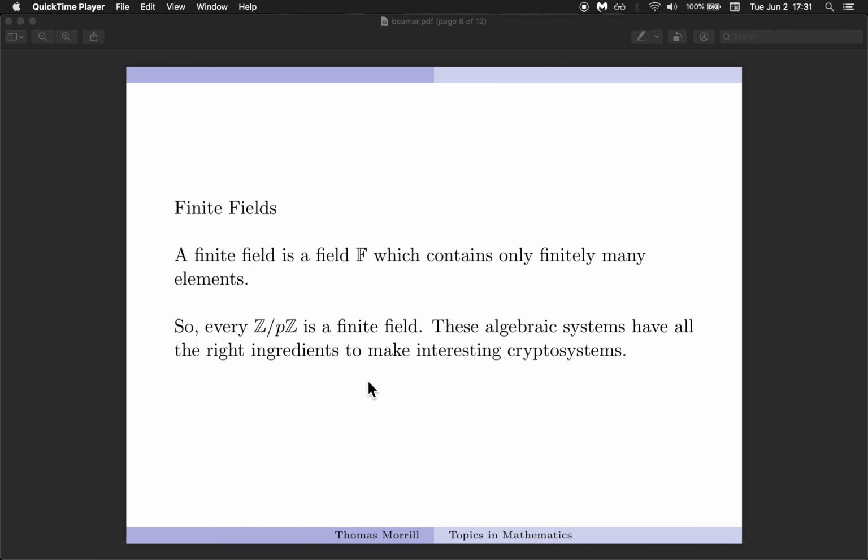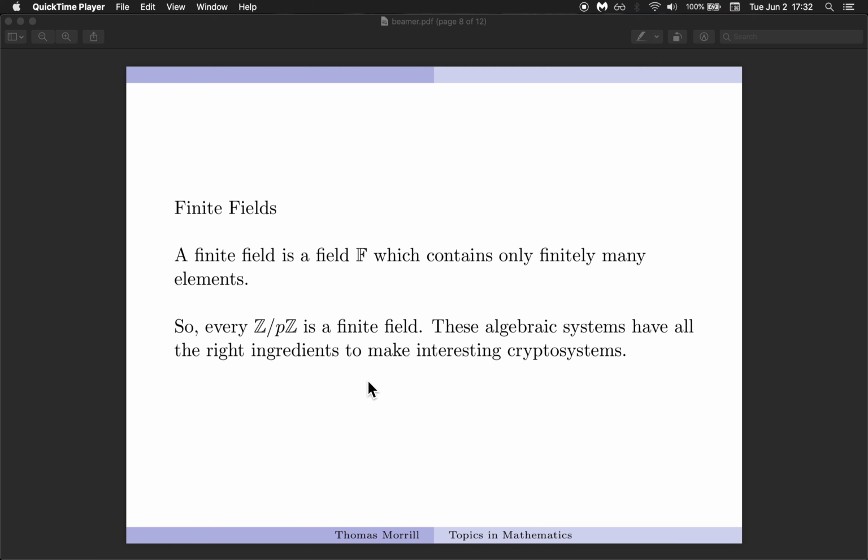So Z mod 2Z, Z mod 3Z, Z mod 5Z, and so on, those are all fields, including some of the more esoteric primes that I've been throwing around. They're all finite fields. They all behave in slightly different ways, but they have enough of the familiar addition and multiplication systems that we can use them for cryptography.